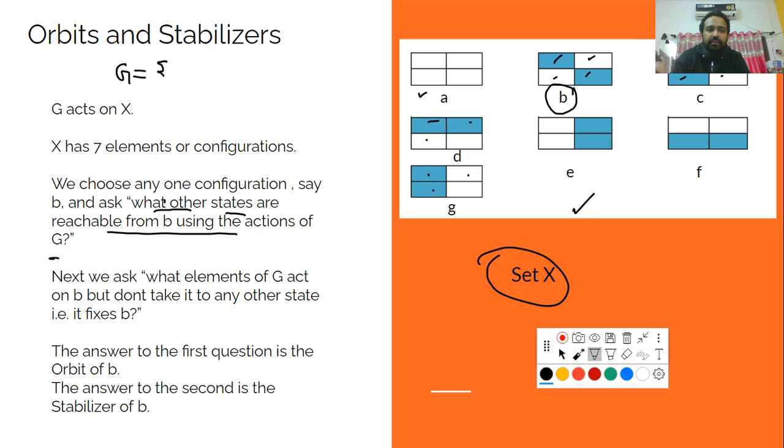Under the new set of actions we defined: E, R, R squared, R cubed, RF, R squared F, R cubed F, and F.